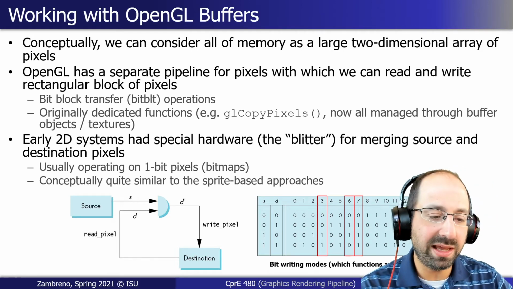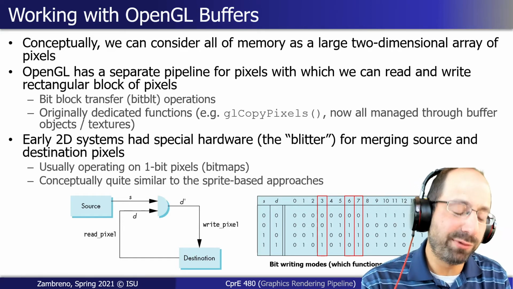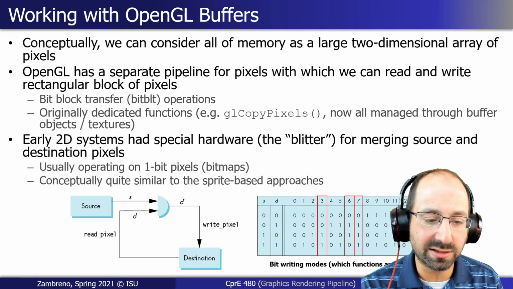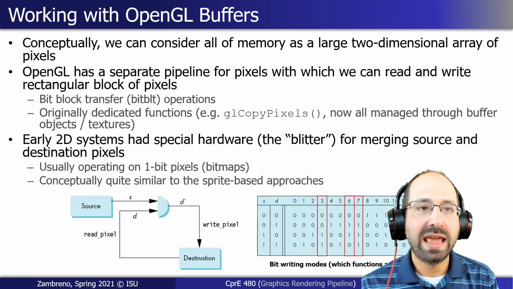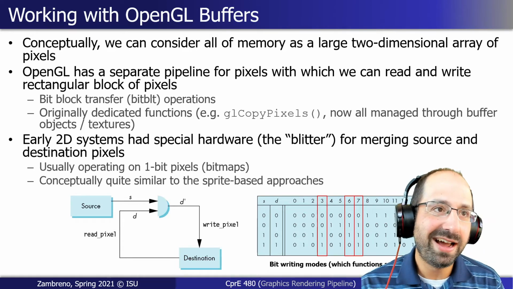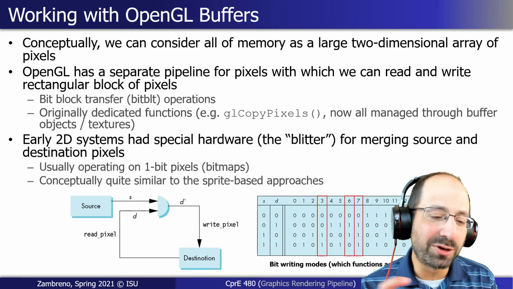If I wanted to copy a block of memory, that function call was very similar to like a DMA request, specifically in the GPU from this region to this region, copy these pixels, or from my CPU to my GPU, copy these pixels. And what we had in the early 2D system certainly is the special hardware, the bit block transfer, and the associated blitter hardware for merging that information.